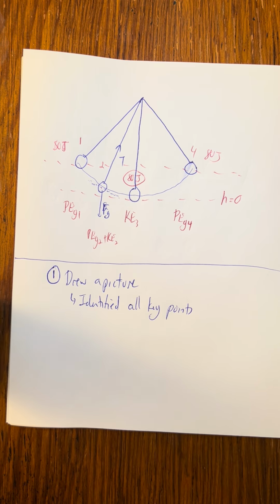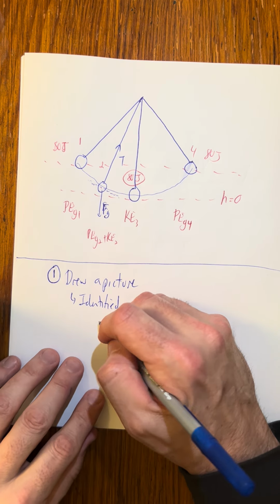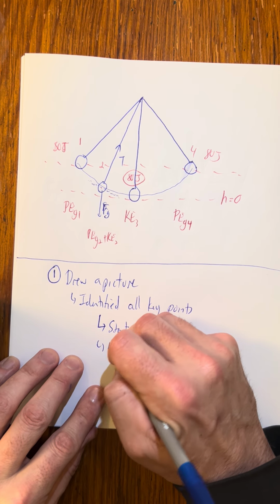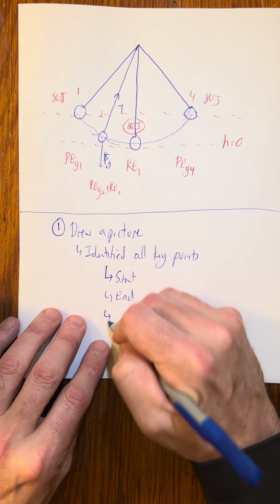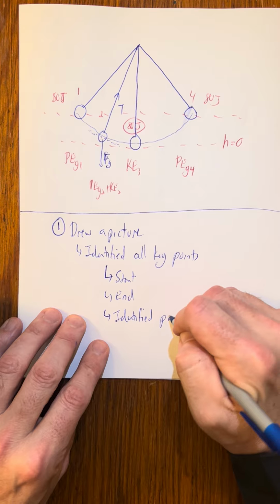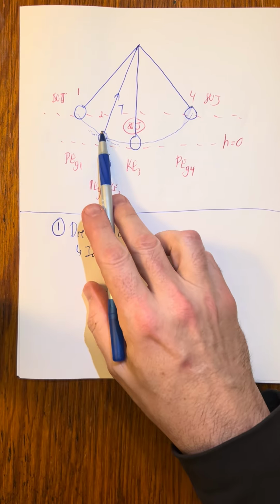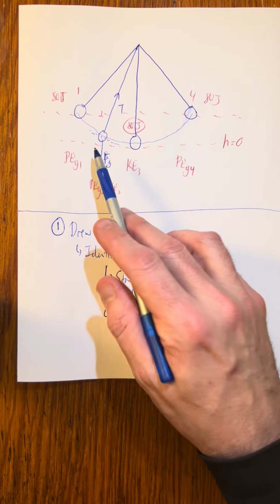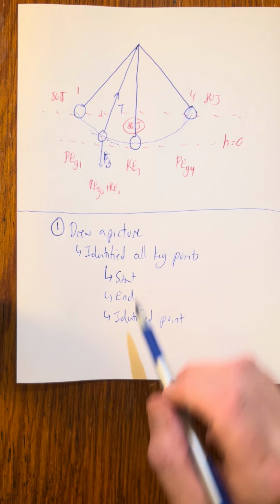The problem will explain to you what the important points are, but generally, start points and end points are key points, as are identified points in the problem, like if it says, after it's gone down a quarter of a meter, what is its speed there? That would be an identified point.